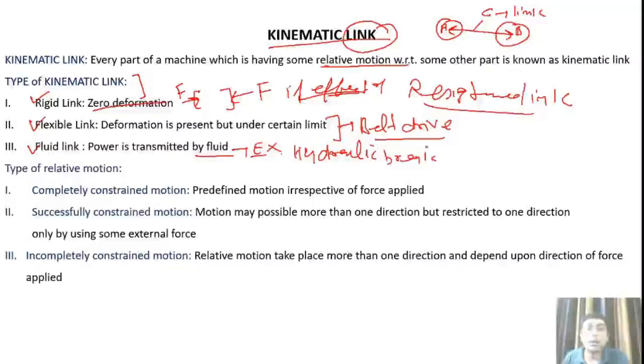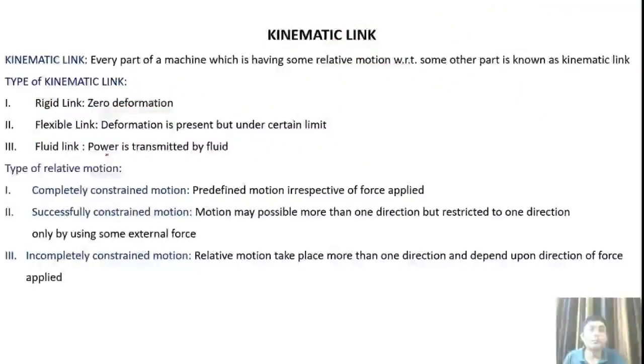Now, an example of a rigid link is a crank connecting rod. Types of relative motion: completely constrained motion. Completely constrained motion means predefined motion.